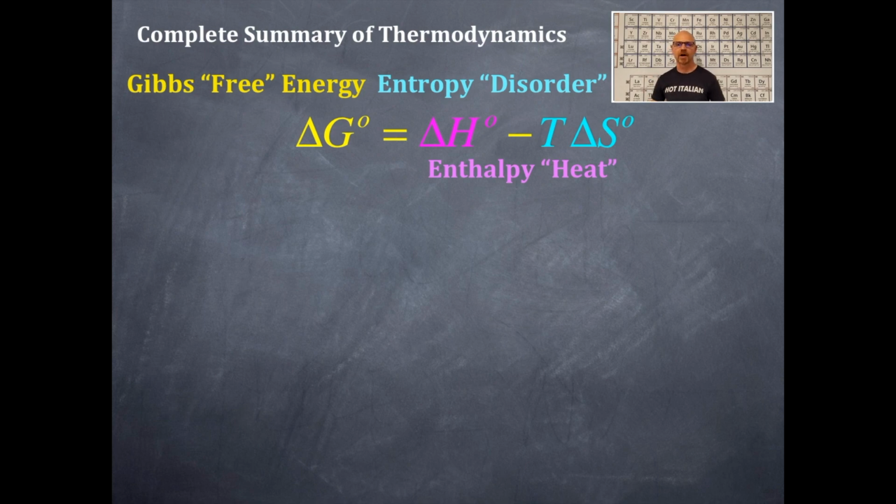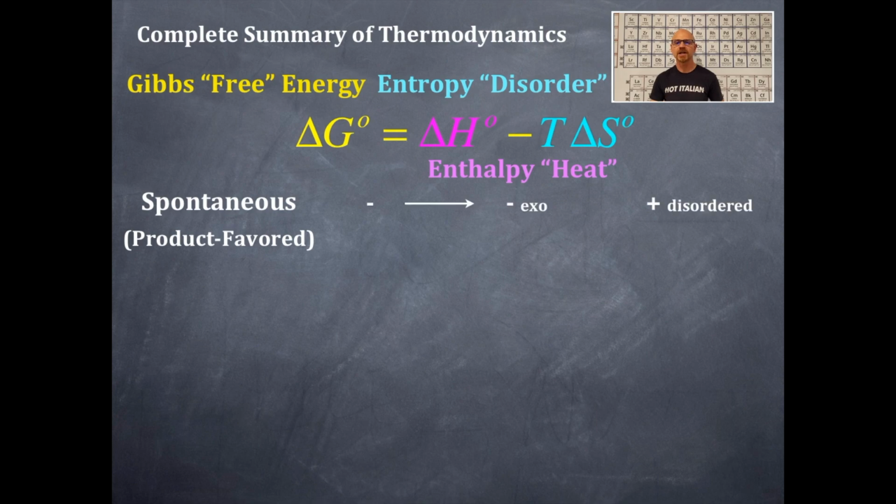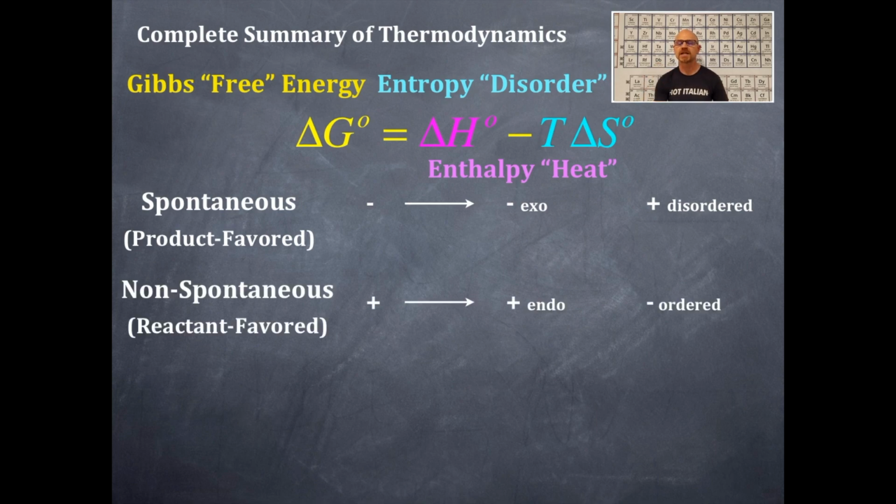Okay, so here we go. For a spontaneous product-favored reaction, you should see that the delta G is always negative when it is exothermic, that is negative delta H, and disordered, positive delta S. A non-spontaneous reaction is when delta G is positive and delta H is positive, that is endothermic, and the delta S term is negative, that is ordered.